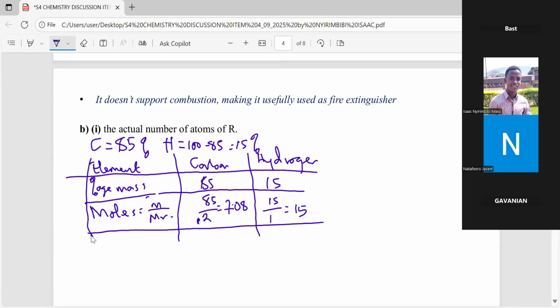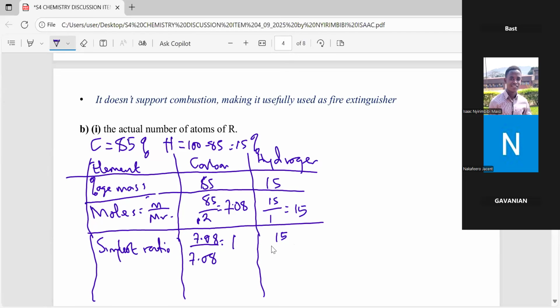Then another step, we shall divide by the smallest to get the simplest ratio. So you're looking for the simplest ratio. What is the smallest there? It is 7.08. Divided by 7.08, we shall get 1.